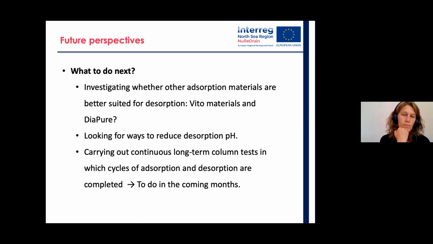We will also be looking for ways to reduce this desorption pH. 13, 14 is high, I know. And also carrying out continuous long-term tests in which we will cycle between adsorption and desorption. It will be done in the coming months.